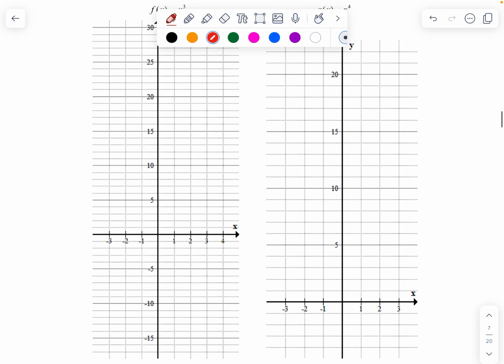So we can draw an x cube curve. The x cube curve should be looking in this way. I am drawing the x cube graph there. From the GDC, it looks approximately in this way.